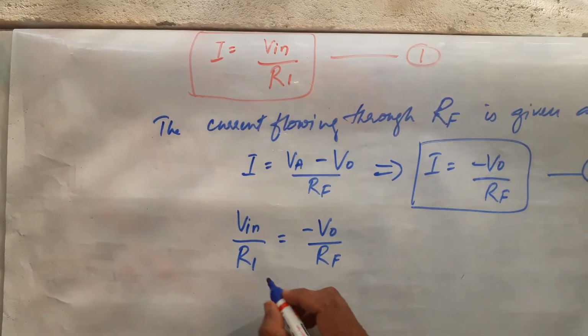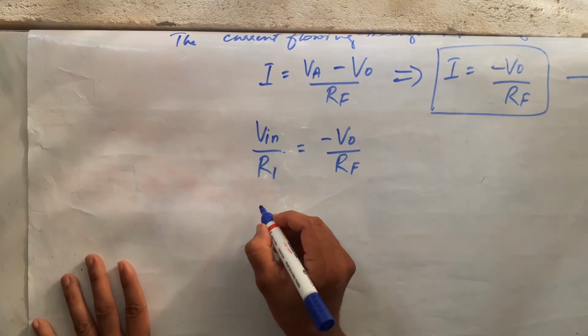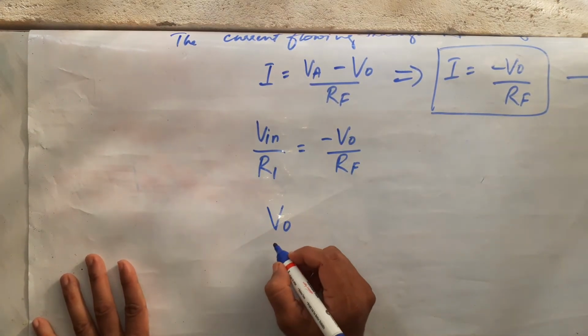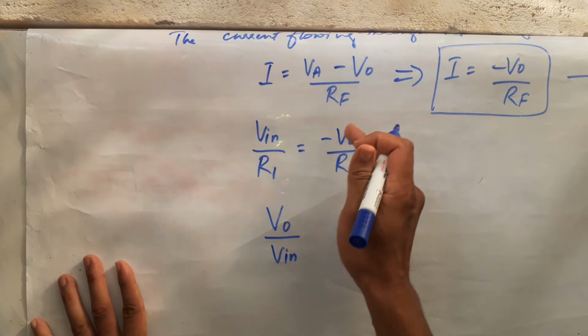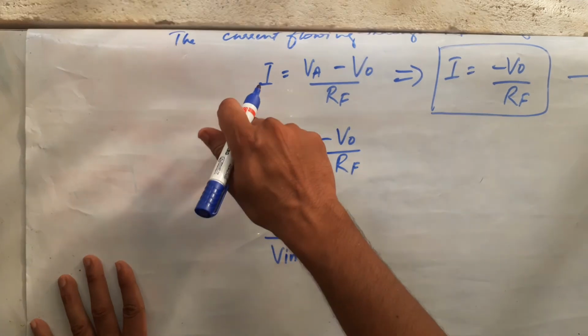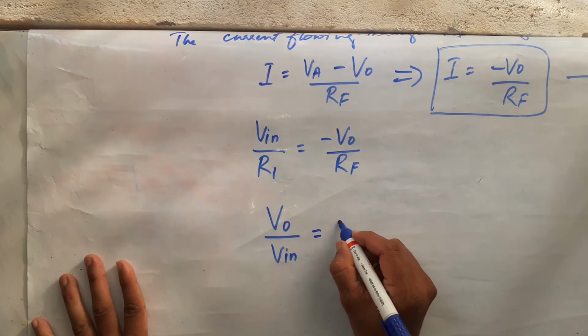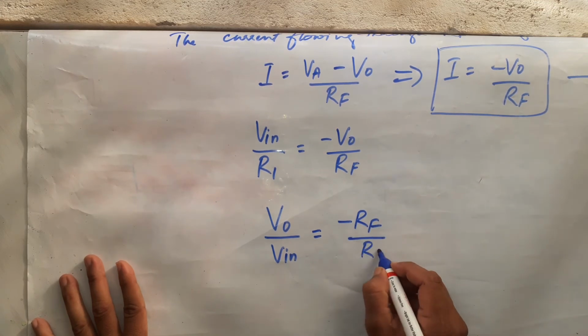I will simplify this. I will take this V0 on the left hand side, so this can be simplified as RF divided by R1.